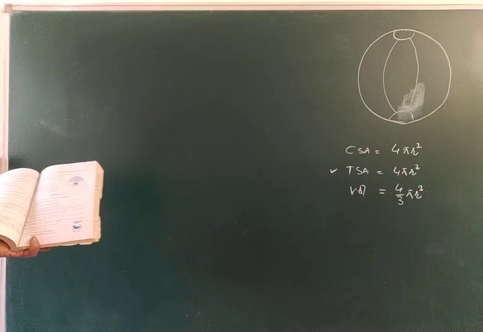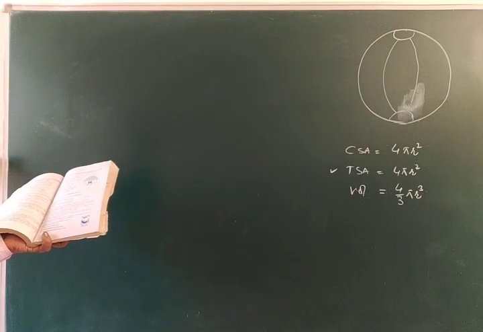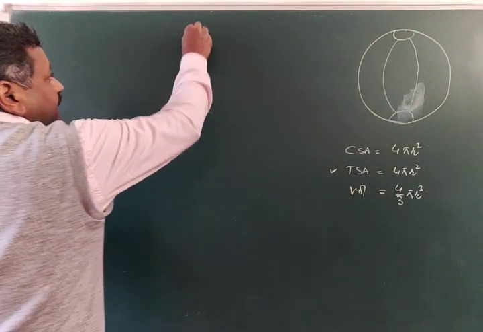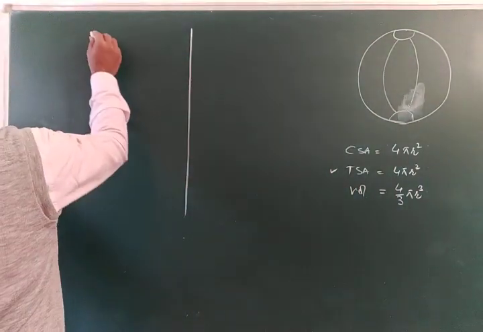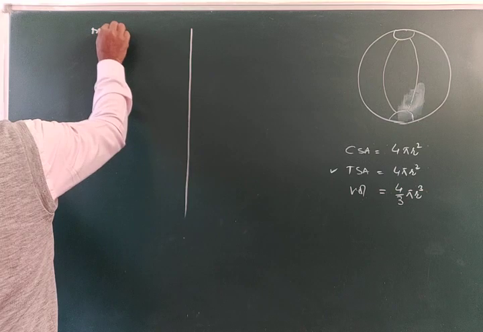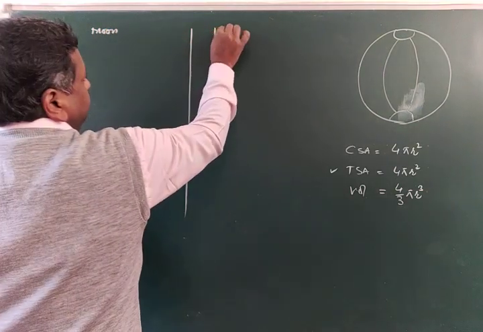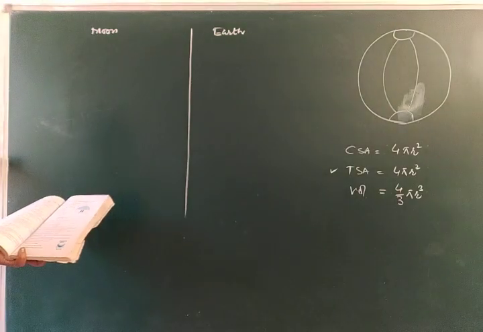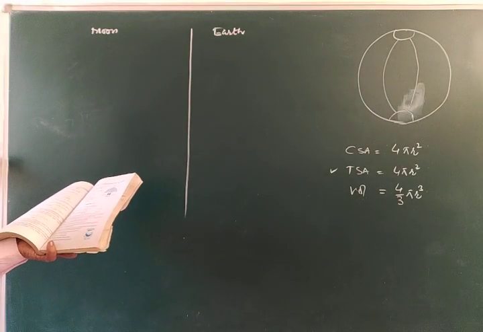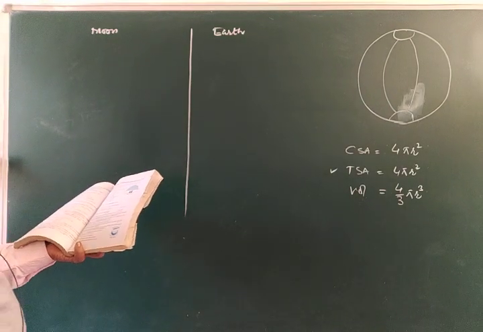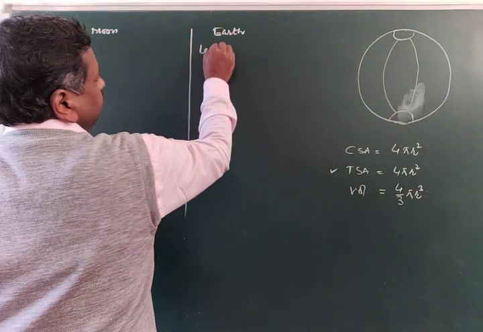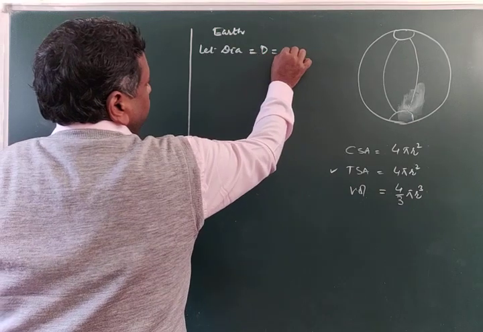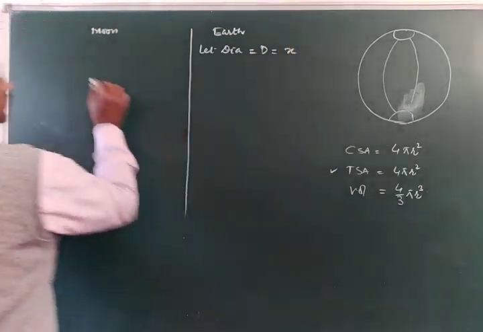In question number 7, the diameter of the moon is approximately 1/4 of the diameter of the earth. So two things are given, that is moon and earth. Let the diameter of earth be equal to x.